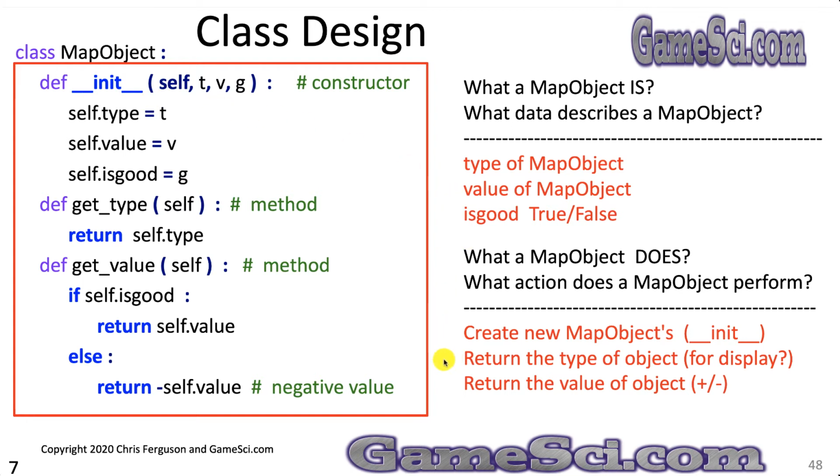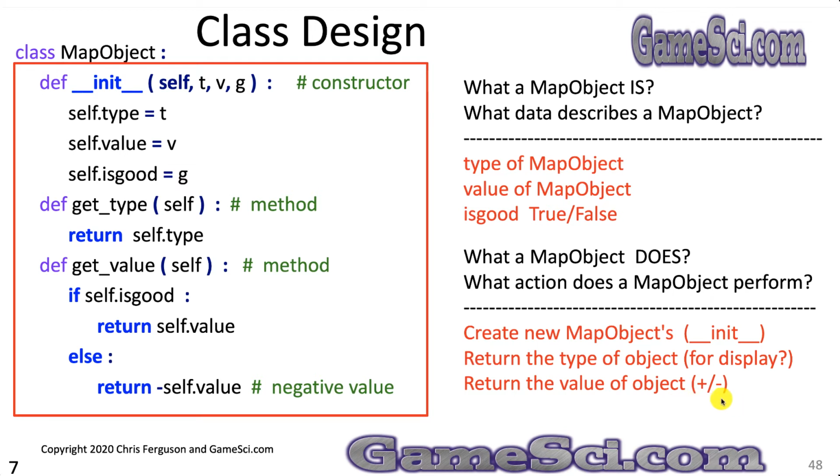The second thing we want a map object to do is return the type of object, maybe for display, maybe for processing, but we need to know the type of the object. That is the thing a map object should tell us. Return the value of the object. And I put a plus minus here because if it's a good object, this is the value we want to add to our strength or health.